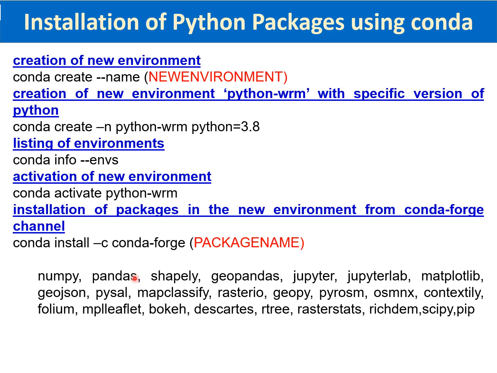Now these are some of the indicative list of packages which we will be installing. We will not be using all these packages during the training program, and also some of the packages, for example GeoPandas, is a third party package which has dependencies on other packages like Shapely and Pandas. When we install GeoPandas, it will also install all its dependency packages like Pandas and Shapely.